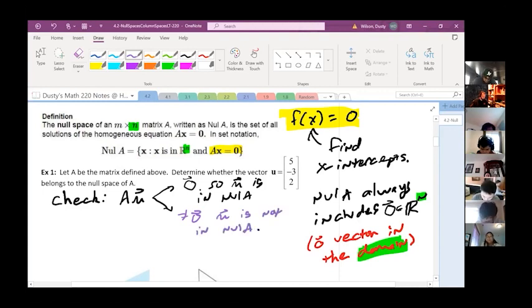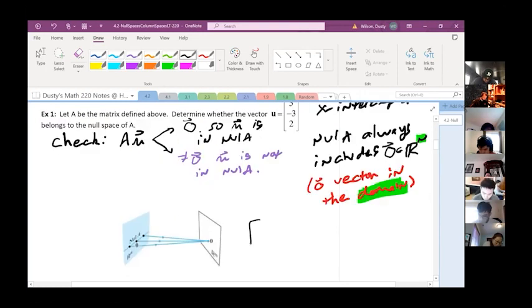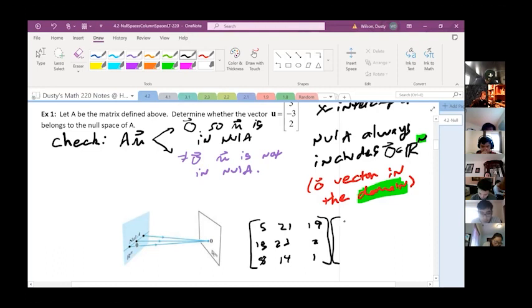We're going to do some complicated math here and multiply the matrix by the vector 5, negative 3, and 2. When I multiply, what am I going to get out? A whole bunch of big numbers.